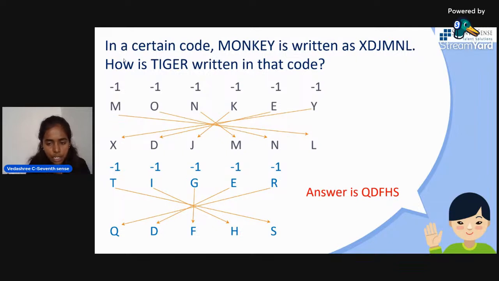So just changing the positions from left to right and right to left and subtracting those by 1. Understood? Understood the problem?